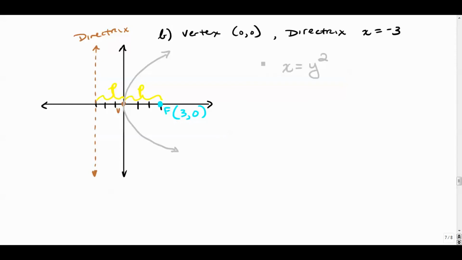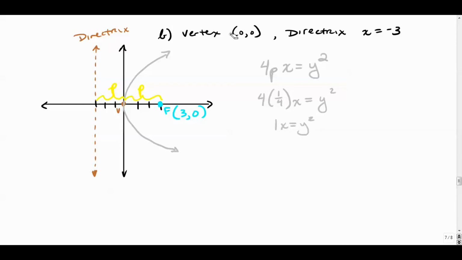But of course we want to find the p-value, so we do this. 4p times x is equal to y squared. And for the record, in the general form, the p-value would be 1/4, right? Because that turns your coefficient of x into 1.